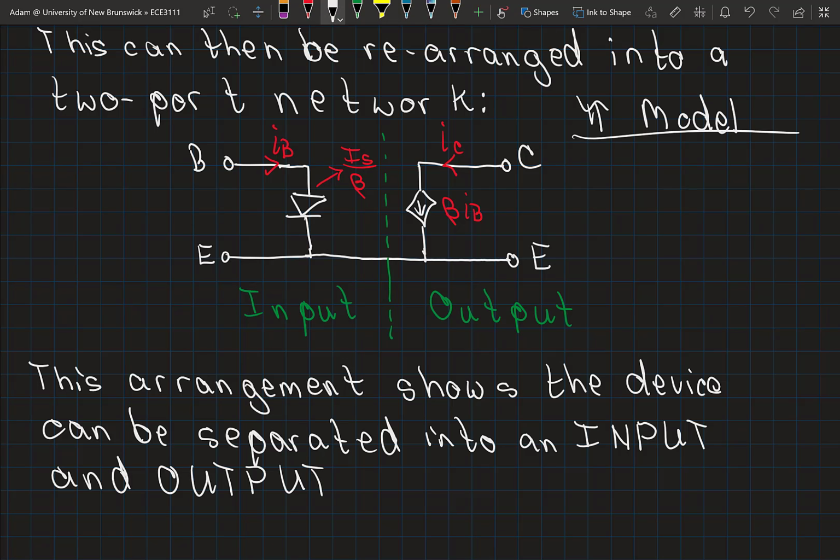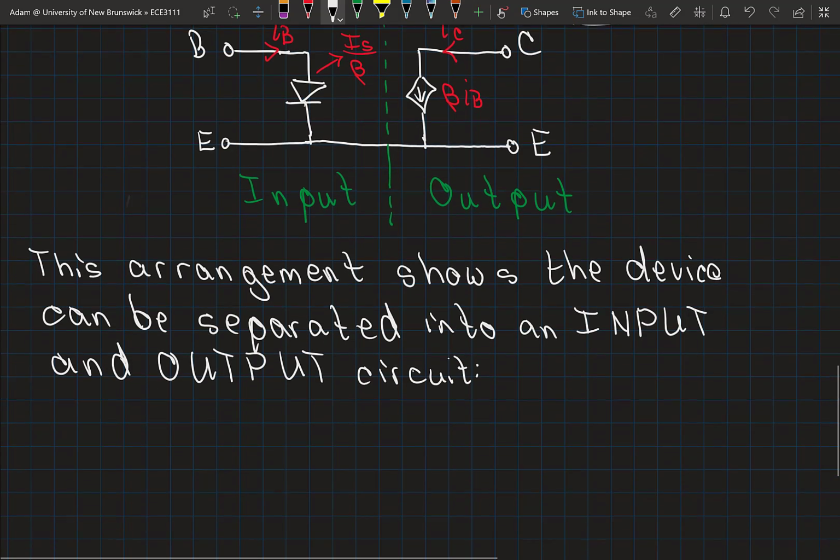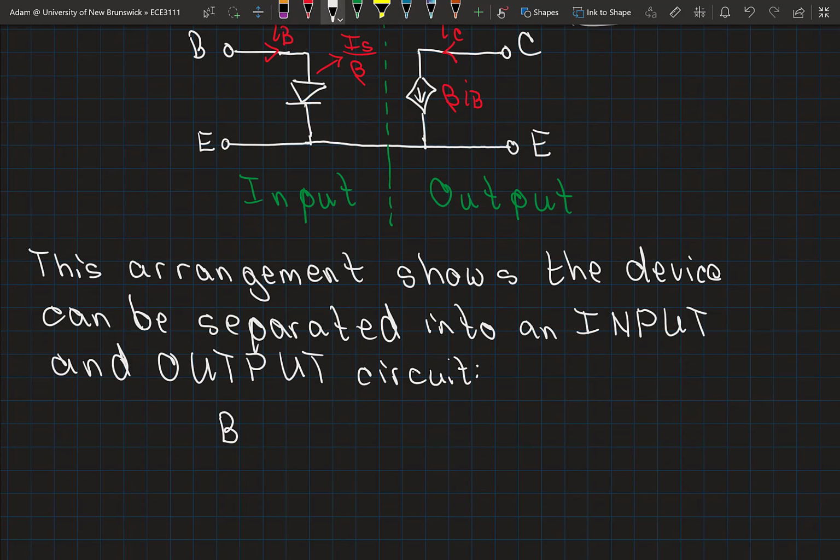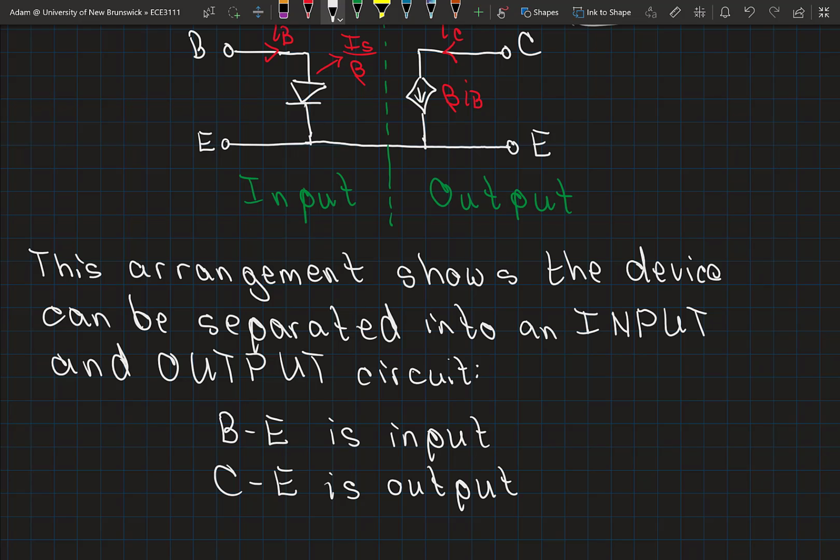As I said, the input is applied across base to emitter, and the output is taken across the collector to emitter. Note here that the common terminal is the emitter.